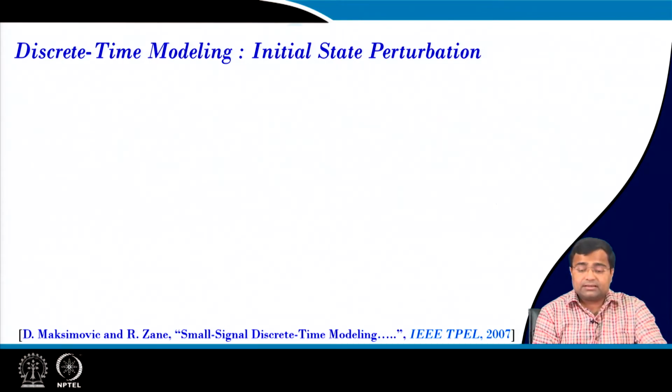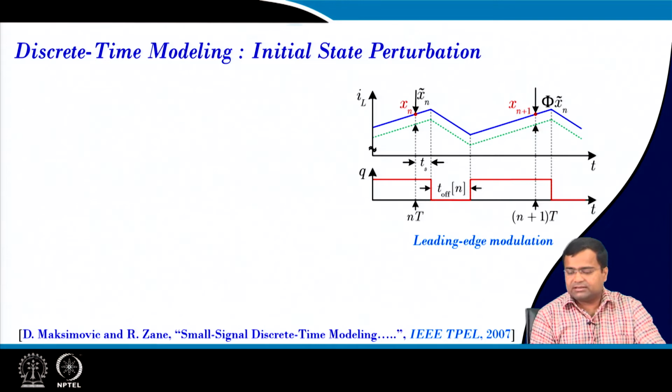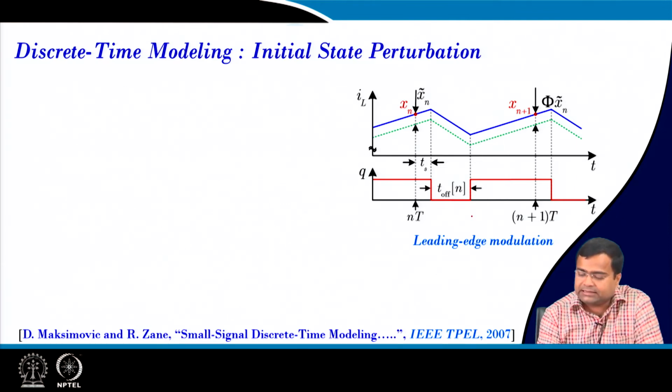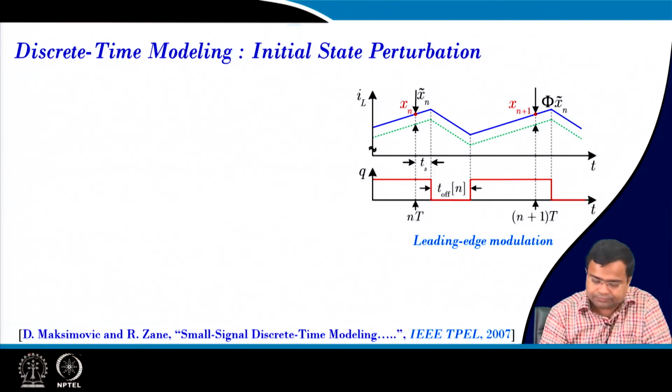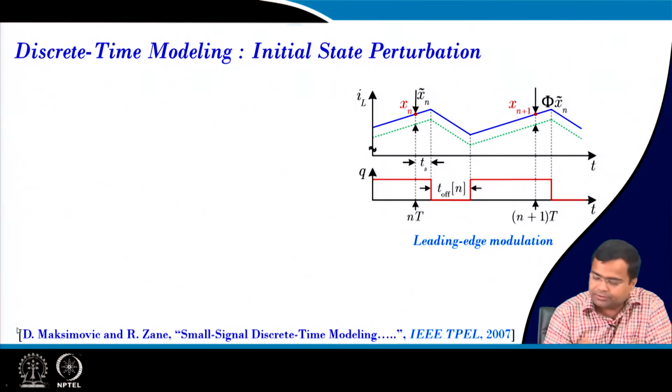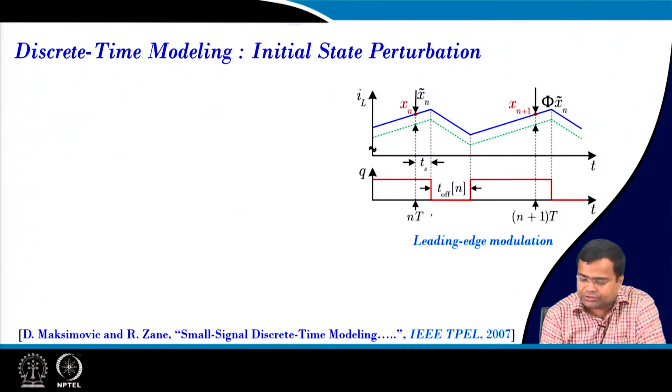Next, this initial perturbation, if we consider for leading edge modulation, where the switch is turned at the rising edge of the switching clock. At the rising edge of the switching clock, the switch turns off and the switch turns on again.